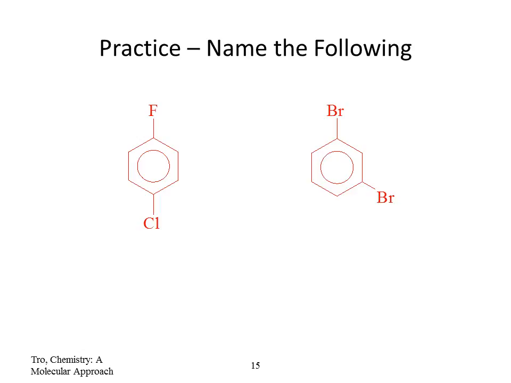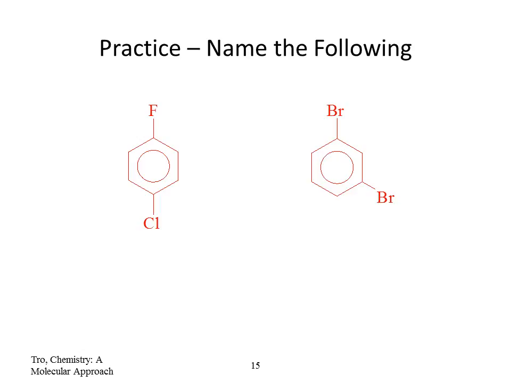Okay, now we'll practice this one. Here you can see this benzene has a fluorine and a chlorine group, so there's no common name for that. So we write it as substituent groups. You have a fluoro and a chloro group, and if you take fluorine as number 1, then the chlorine is going to be number 4.